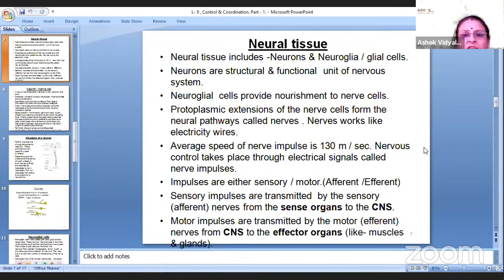Nervous control takes place through electrical signals called nerve impulses. Impulses are either sensory or motor. If they are sensory, they are referred to as afferent, and if they are motor, they are referred to as efferent.